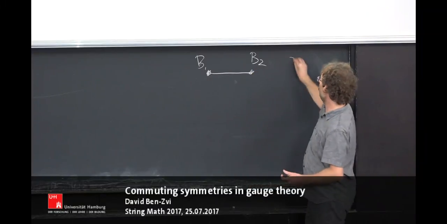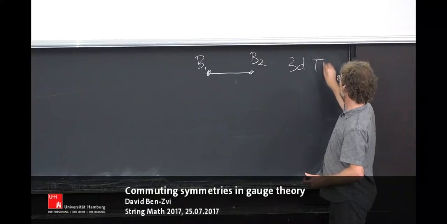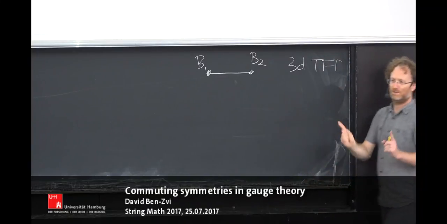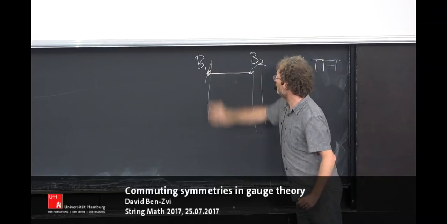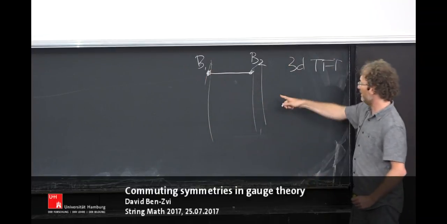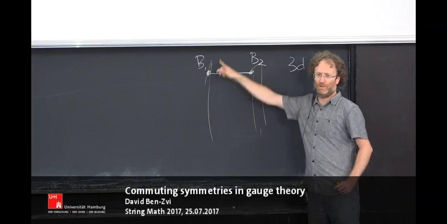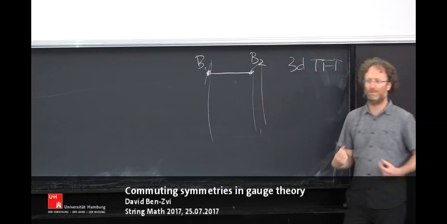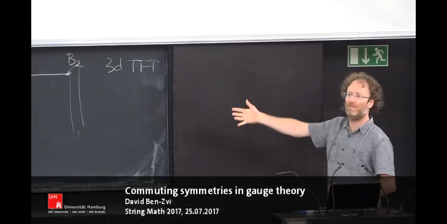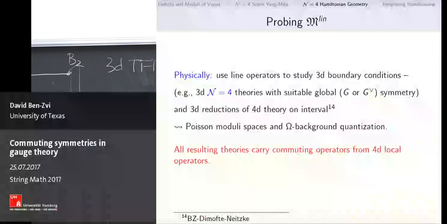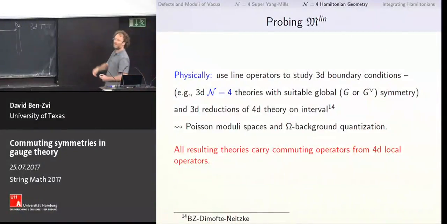So this gives me a three-dimensional topological field theory, which is, if you'd like, I'm considering four-manifolds which are an interval cross something else, and at one end of the interval I'm putting one boundary condition B1, and at the other I'm putting boundary condition B2. Okay. And so this gives me a big family of three-dimensional topological field theories as I vary what B1 and B2 are. And each of these, being a three-dimensional topological field theory, itself has a moduli space, which is a Poisson variety.